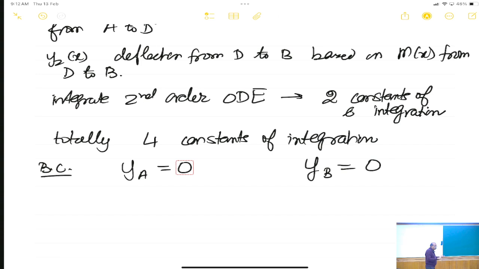Which are the other two boundary conditions we will get? How will we solve?